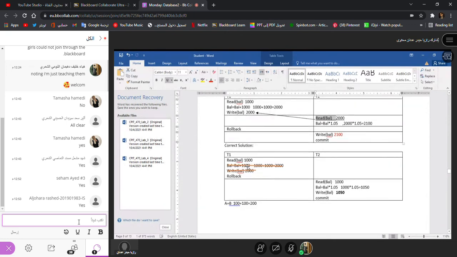In the real scenario, when there is no dirty read, how should it happen? Read the balance 1000, balance plus 1000, 1000 plus 1000, 2000, write the balance. So rollback should be here.